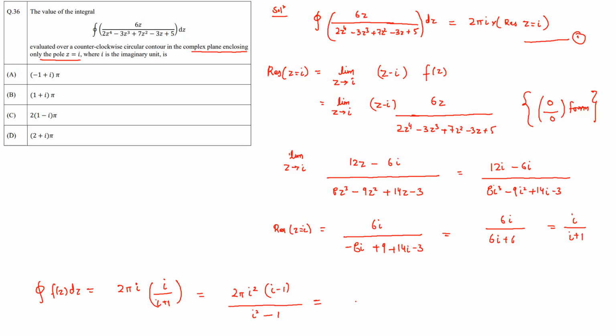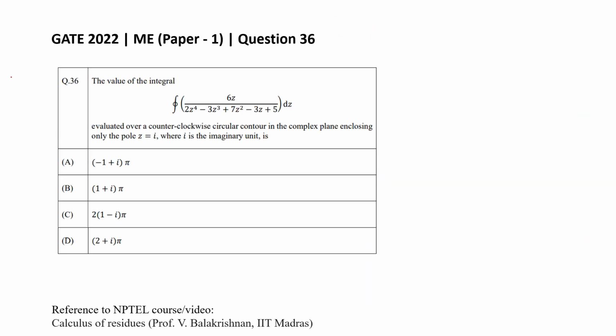So the denominator becomes minus 2, and then this 2 from the numerator gets cancelled, and this simply becomes pi times i minus 1. Or we can say that this will be equal to minus 1 plus i times pi, and that is option A. So the correct answer to this problem is option A, minus 1 plus i times pi.